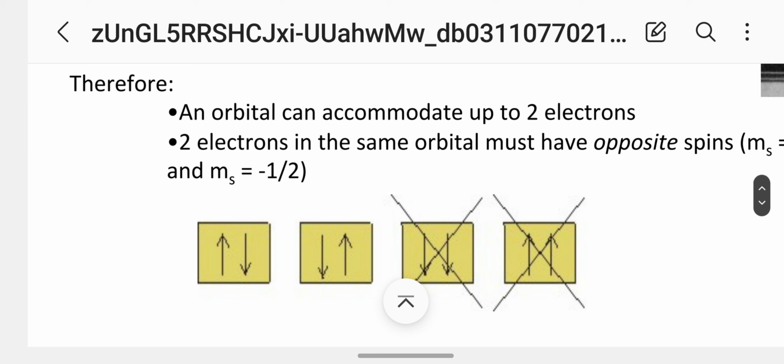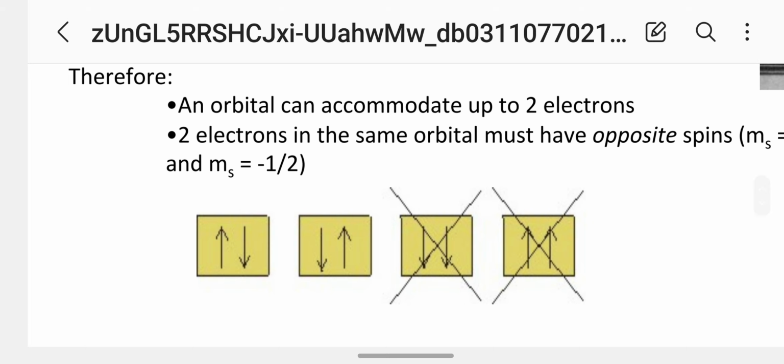Therefore, an orbital can accommodate up to two electrons. So, we express that an orbital, an energy level, or a proper subshell can accommodate, means can heap up, can altogether combine up to two electrons inside of itself.